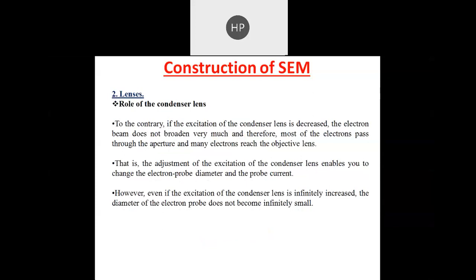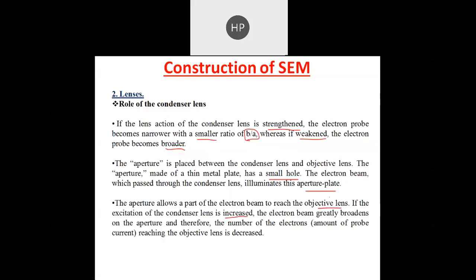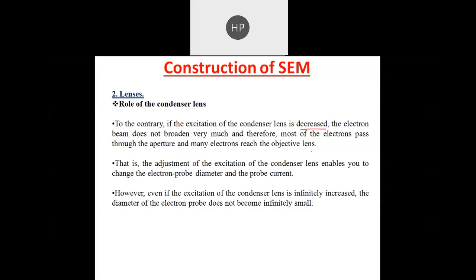To the contrary, if the excitation of the condenser lens is decreased, okay, in the first case it was increased, here it will be decreased, the electron beam does not broaden very much and therefore most of the electrons will pass through the aperture and many electrons reach the objective lens.